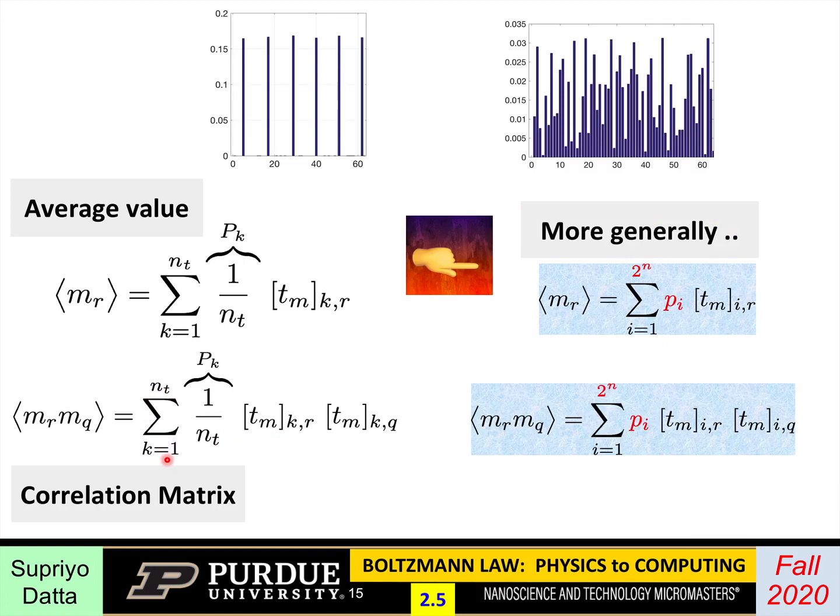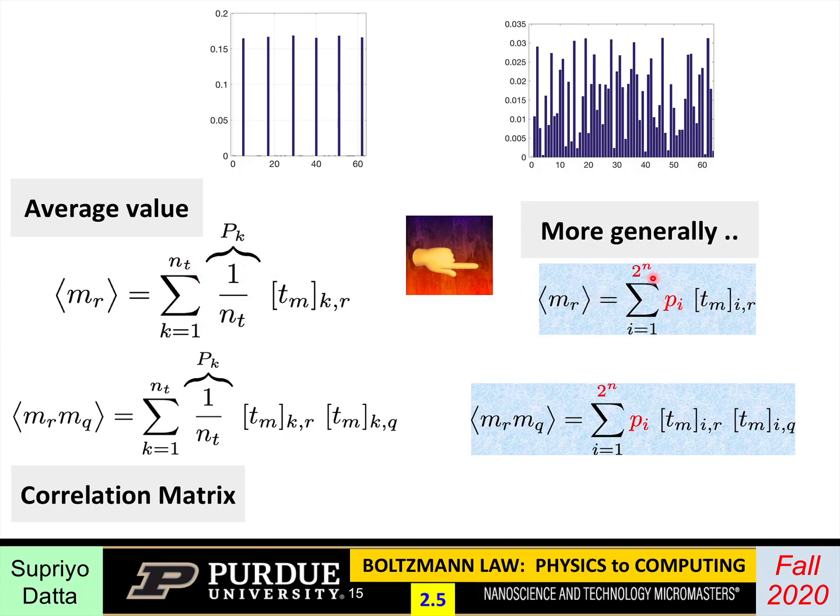Now, this is what you get when you have your dream response, the one that has these 6 peaks exactly where you want them. In general, if you just took any network, of course, it would have peaks all over the place. All the different configurations would have some probability. And you could still define an average value, which would look just like this, except that now it's not that only 6 lines of your truth table contribute.